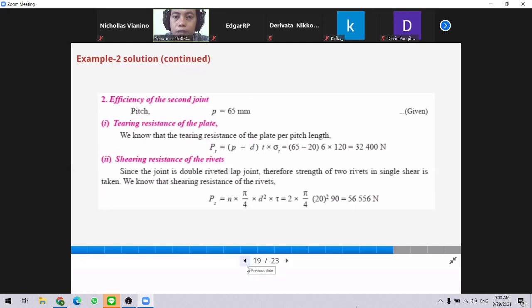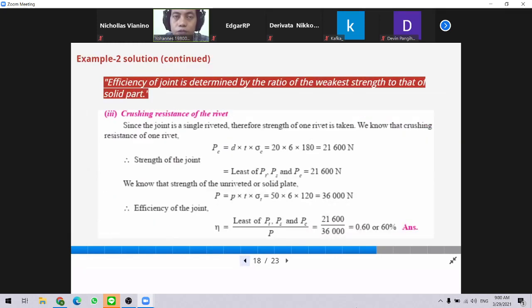But let's see the cost to increase this joint efficiency. Of course, we have to put another column of rivet, so it will require more rivet on the body, and it requires longer overlap area.